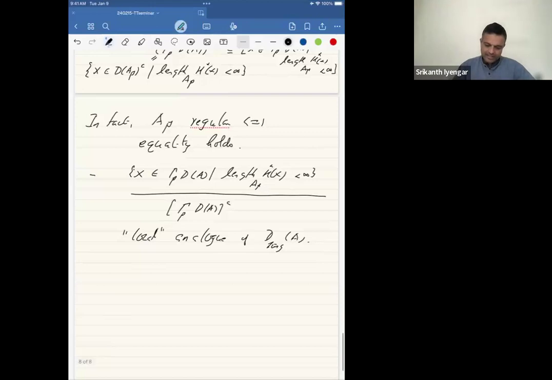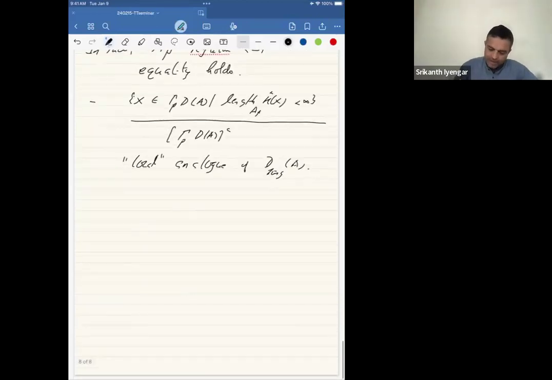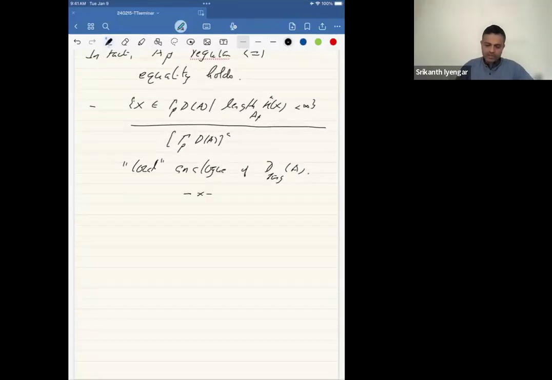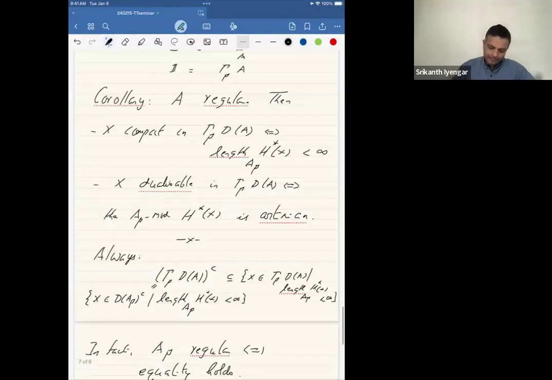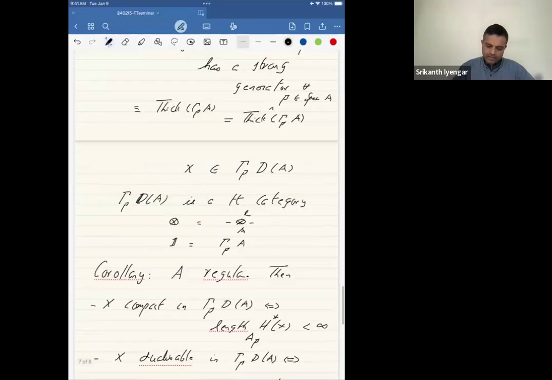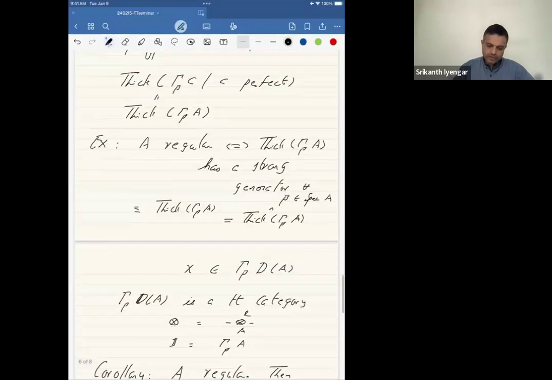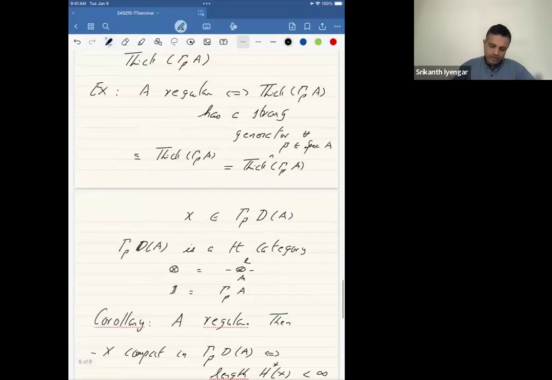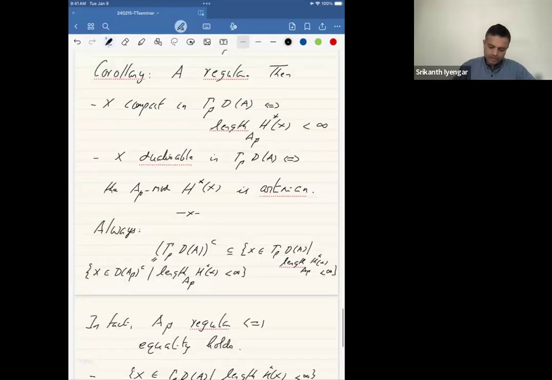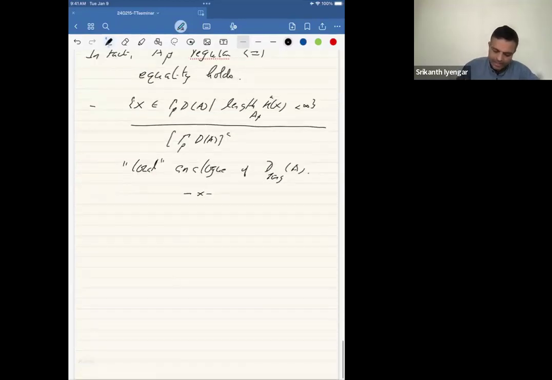All right, so let me just say one more thing about this model before we move on to the general context. So in talking about the notion of regularity, I've chosen to introduce it by looking at this p-local p-torsion subcategory gamma PDA.